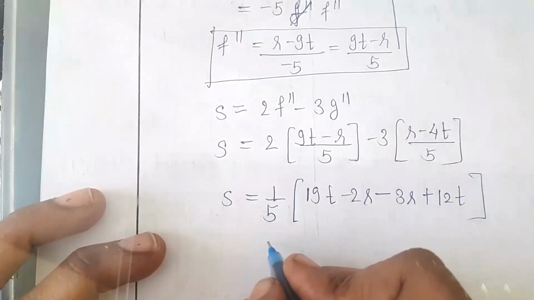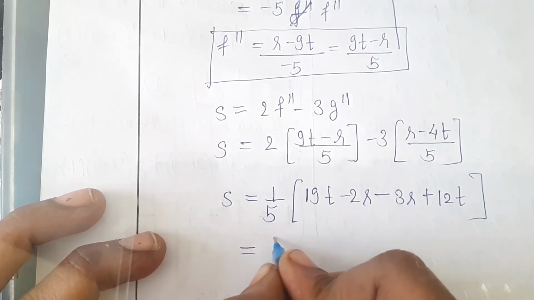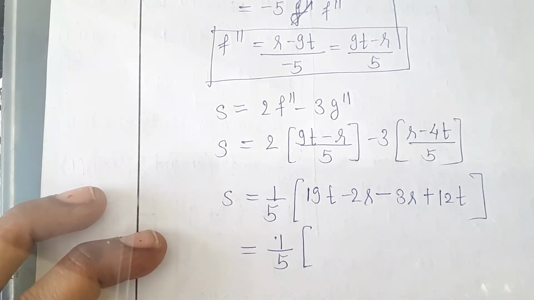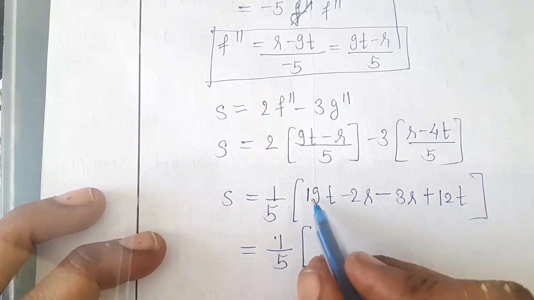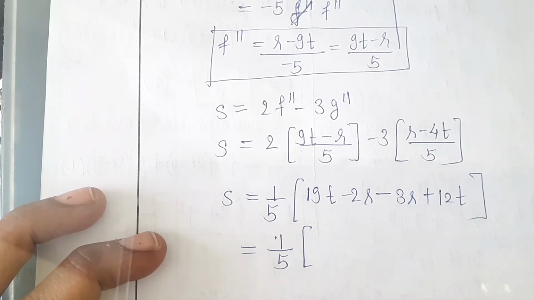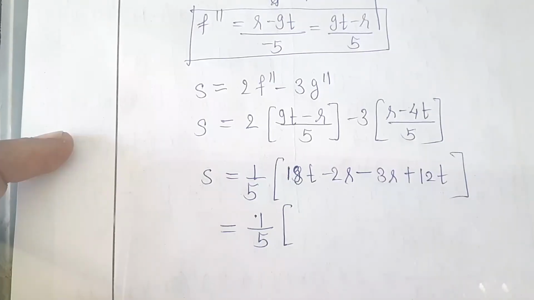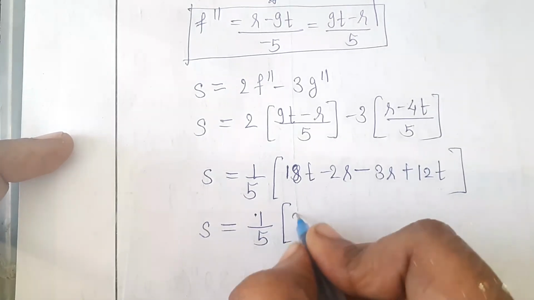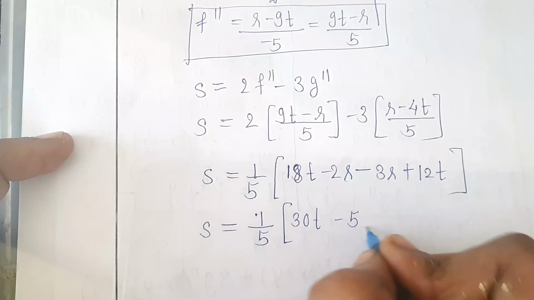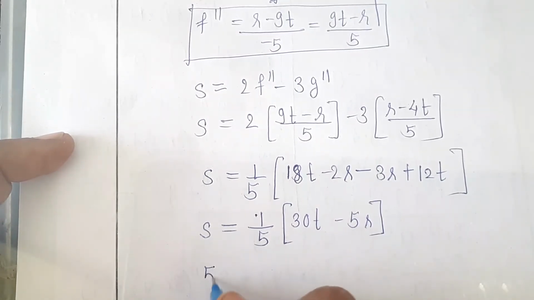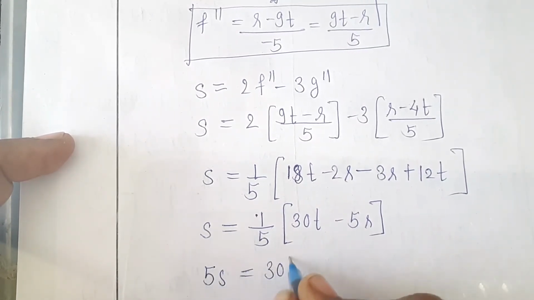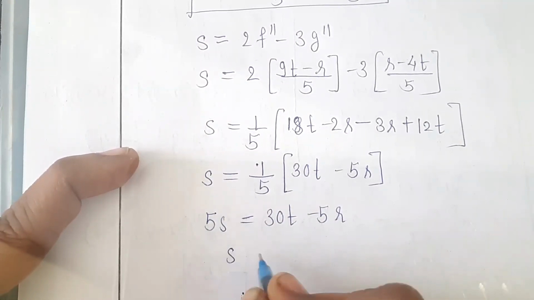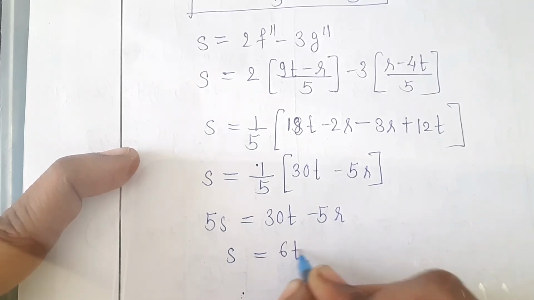So it is equal to 1 by 5 times 18t plus 12t, which is 30t, minus 5r. So 5s is equal to 30t minus 5r. Now you can divide by 5 also. s is equal to 6t minus r.